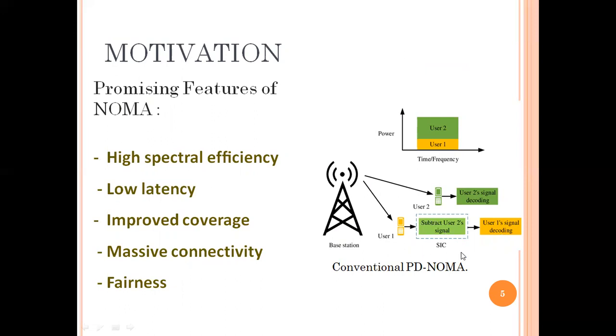This subtraction of the far user signal is called successive interference cancellation. Due to this successive interference cancellation, there is a chance of internal eavesdropping, and there is high computation involved, which is not suitable for low complexity communication models.